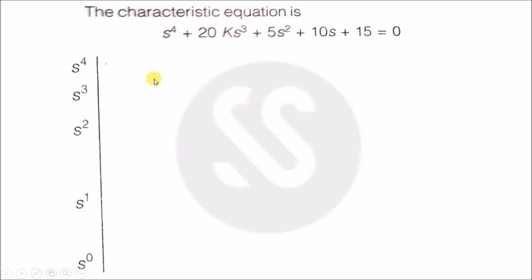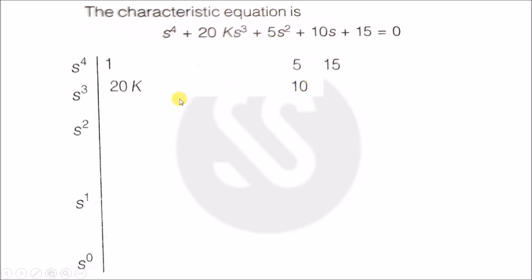So the first row will be 1, 5 and 15, because the s to the power 4 coefficient is 1, the s square coefficient is 5, and the s to the power 0 coefficient is 15. We have written this clearly. The remaining terms will be 20k and 10, which go in the s cube row. The s cube coefficient is 20k and the s to the power 1 coefficient is 10.